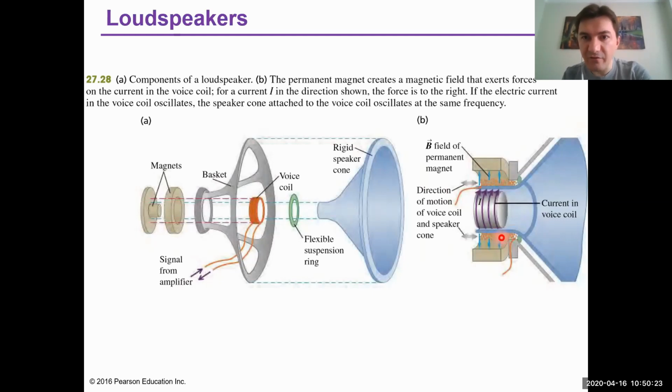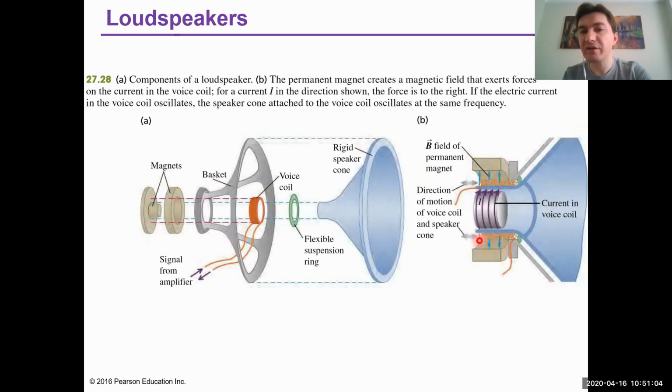If you drive current, there will be a magnetic force produced by that permanent magnet on that coil. Due to that force, this rigid speaker cone will be moved in that direction or in that direction. Depending on the magnitude of the current, you will have large movements in either direction.